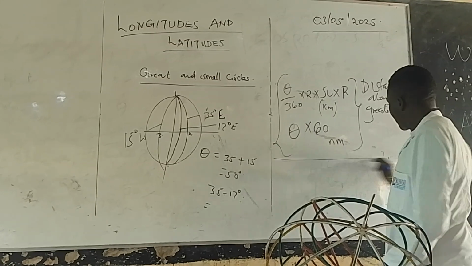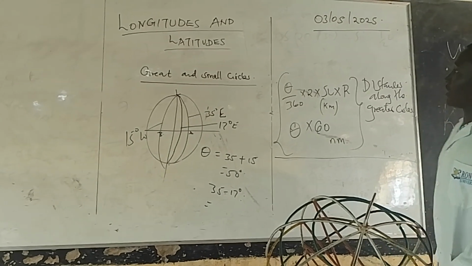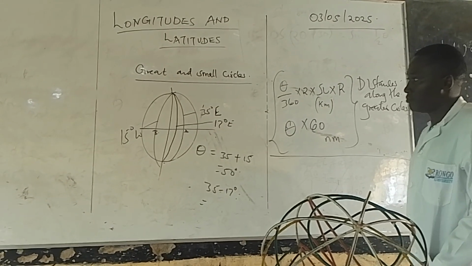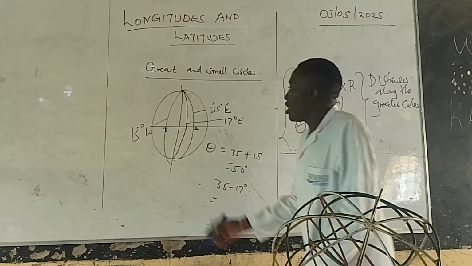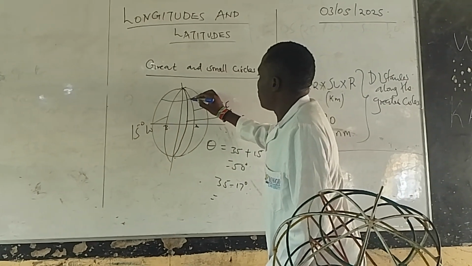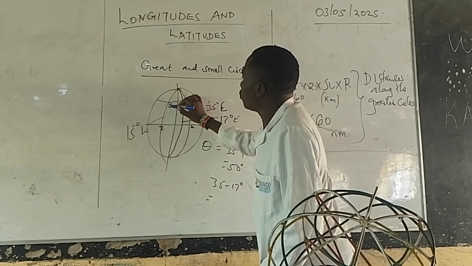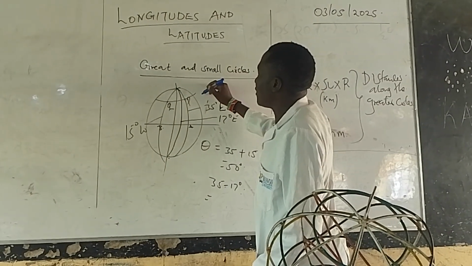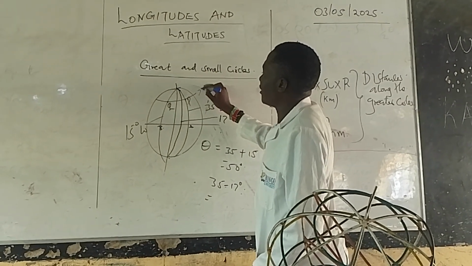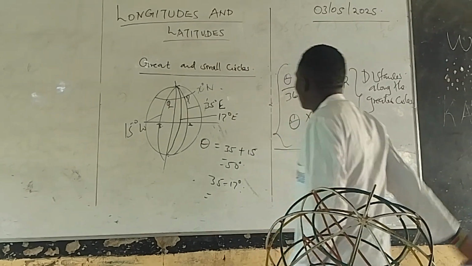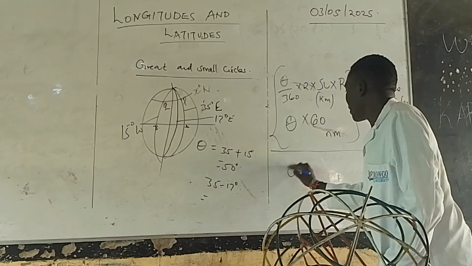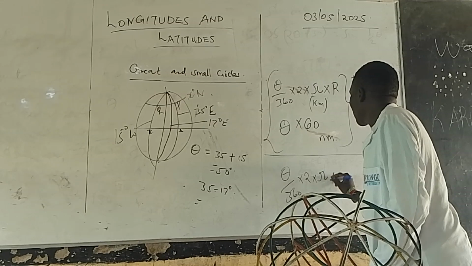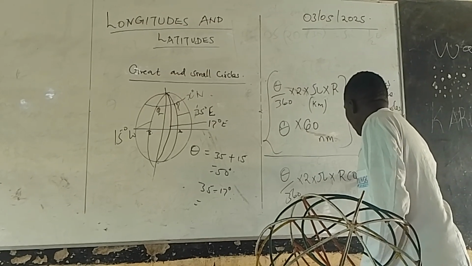Then, using the same format, we can calculate the distances along the smaller circle, e.g., P and maybe Q. It is along the smaller circle because it is along this latitude, maybe we can call it X degrees north. So we can calculate that using this formula: theta over 360 times 2 times pi times r cos alpha.